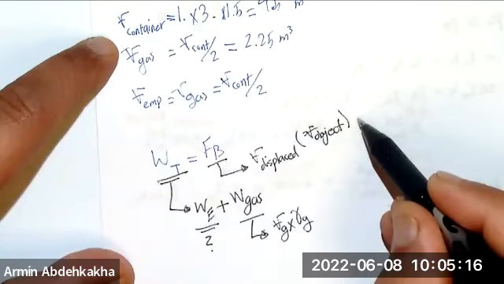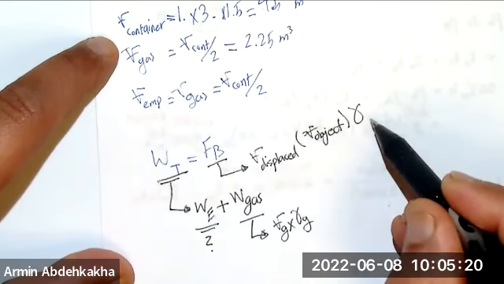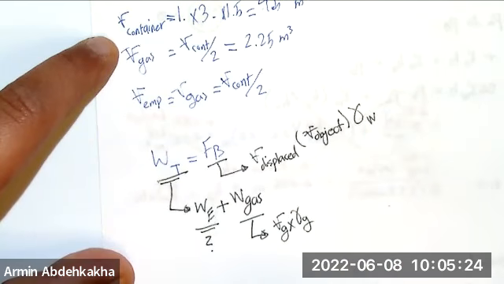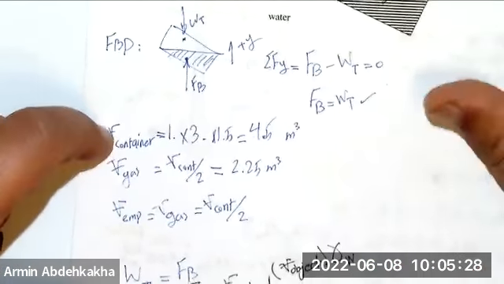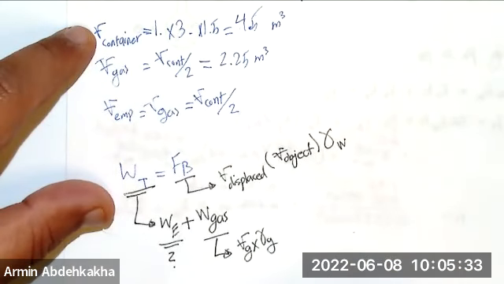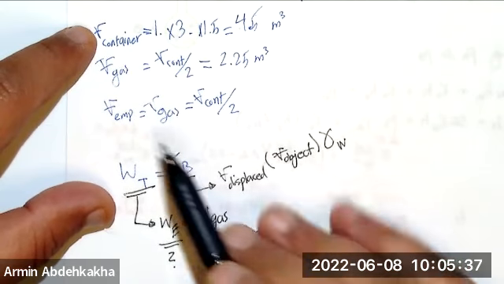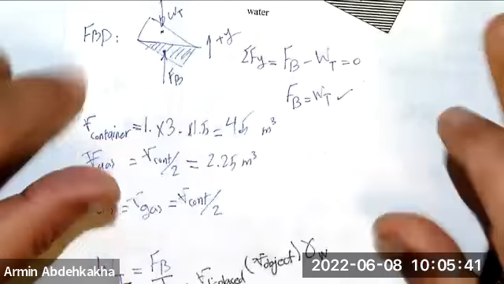Volume of the object times the gamma of the fluid, right? The fluid here is water. The gamma of fluid times the volume of the object, okay? Volume of the object, volume of the displaced, and volume of the gasoline are all the same, right?